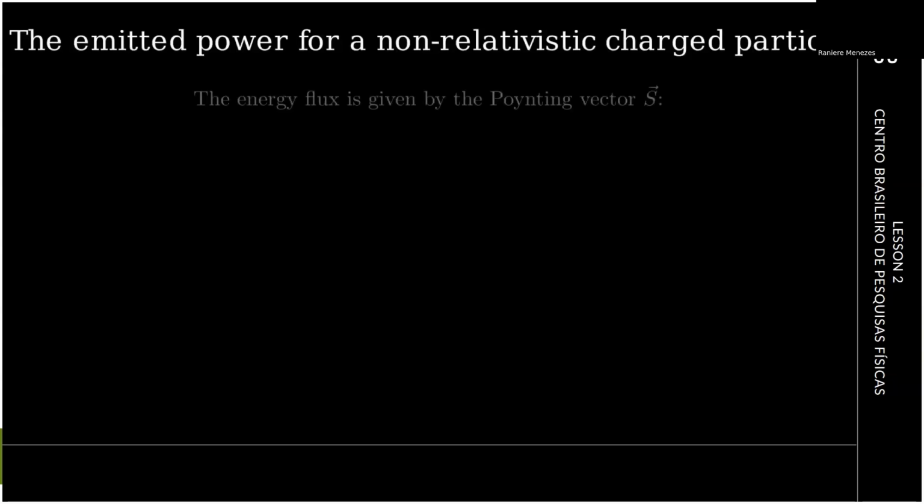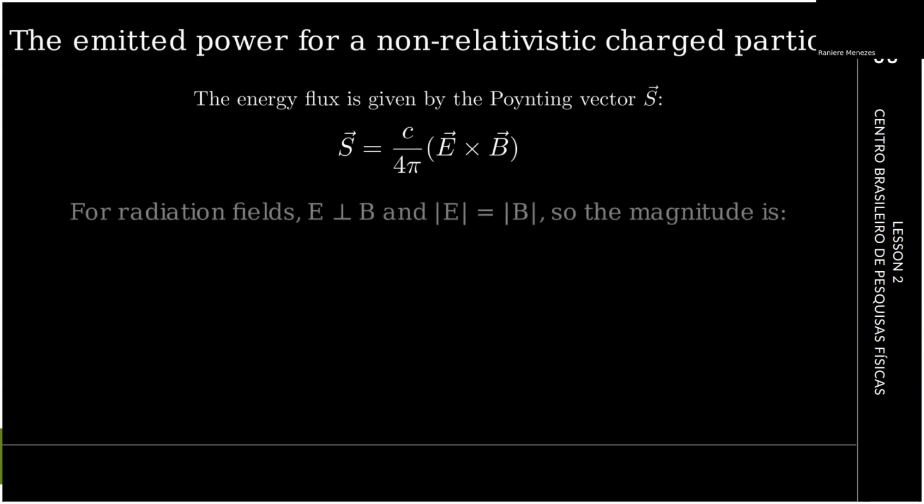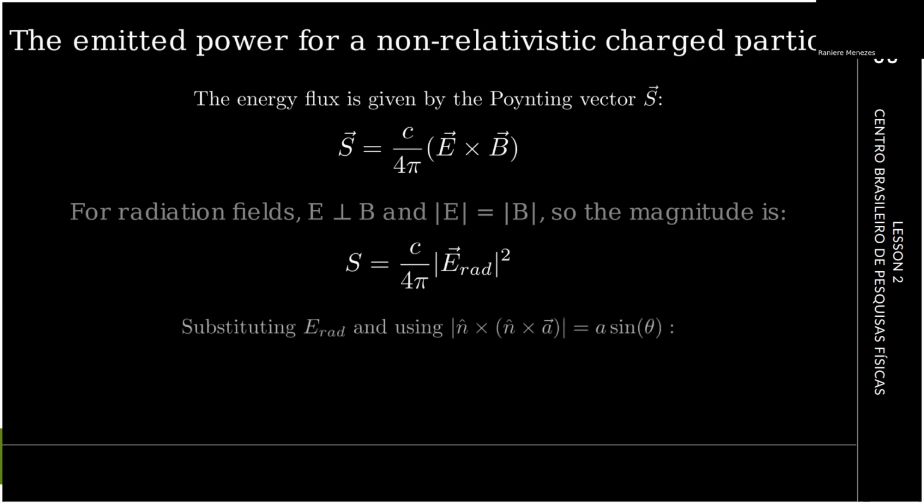Okay, so the emitted power for a non-relativistic charged particle, we can compute with the Poynting vector, which you are very familiar with, of course. For an electromagnetic wave, E and B are perpendicular and have the same modulus, so we can write the Poynting vector like this.